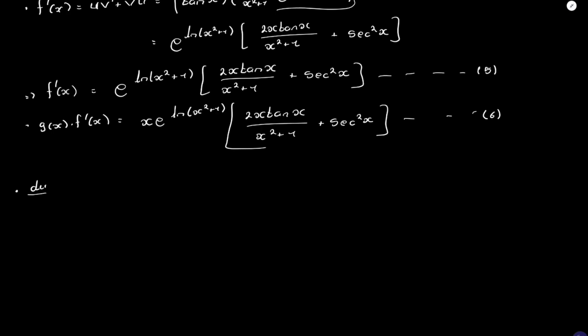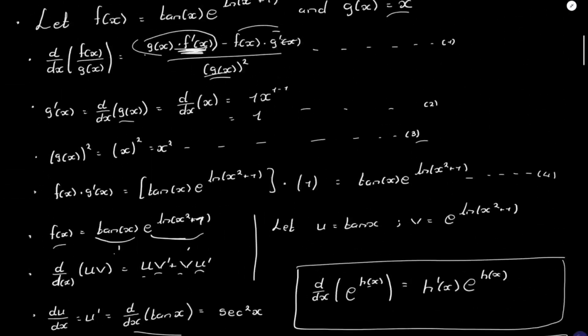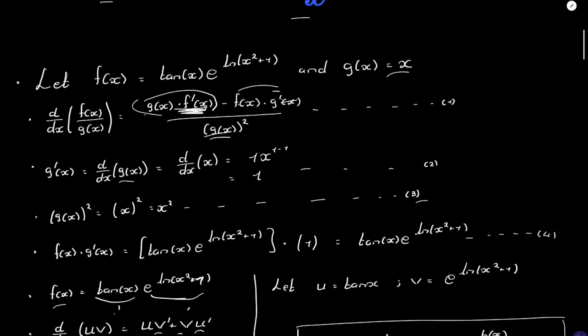dy on dx is equal to our first term x e to the ln of x squared plus 1 in braces 2x tan x on x squared plus 1 plus sec squared x minus our next term, which was f of x g prime of x.